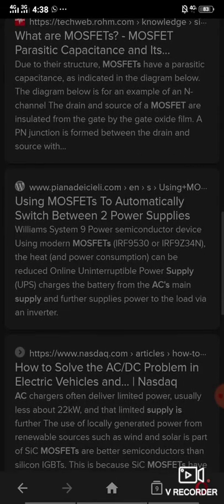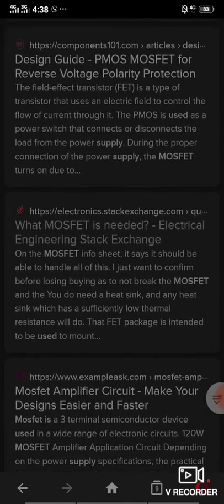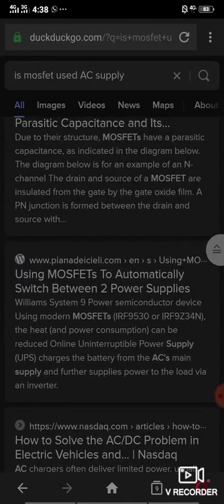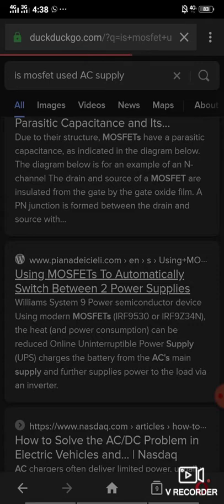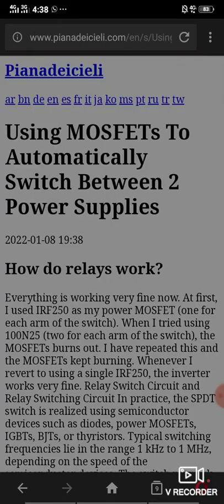Using voltage between two power supplies, automatically switching between the system's power semiconductors. So we learned this. Everything is working very fine now.